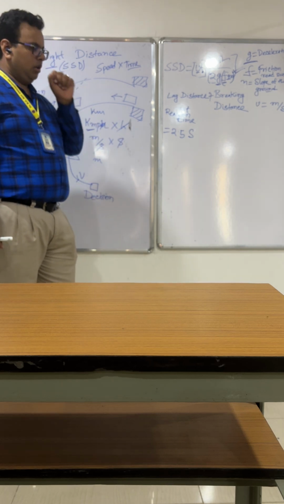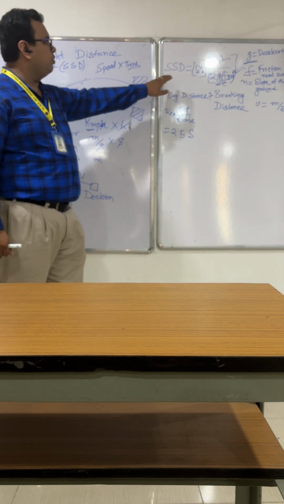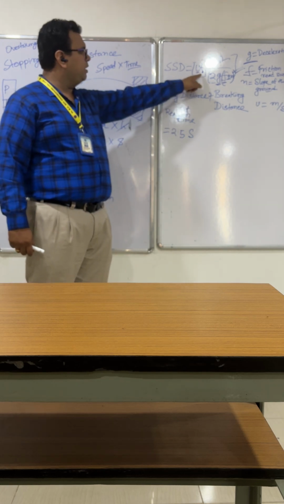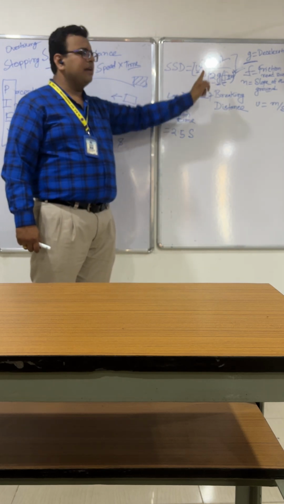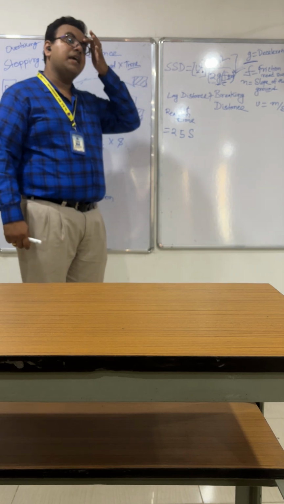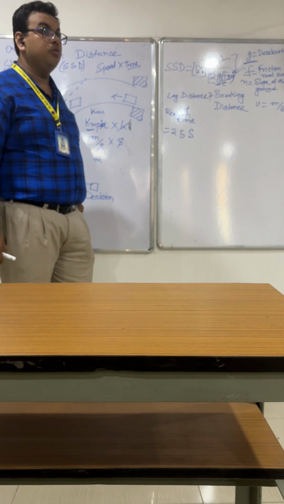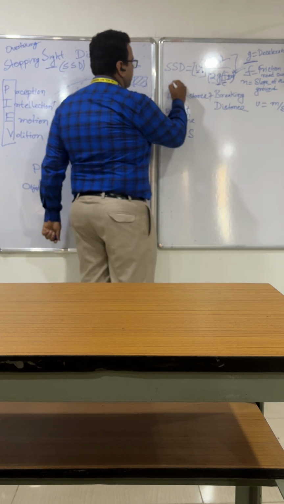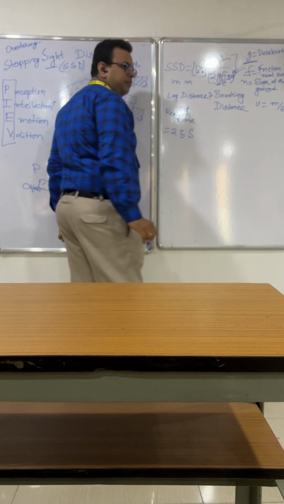So in future, whenever we are going to take care of these kinds of values, this time t is 2.5 seconds. If in the problem this time is not given, you may take it as 2.5 seconds. Now this SSD will come in the units of meter.